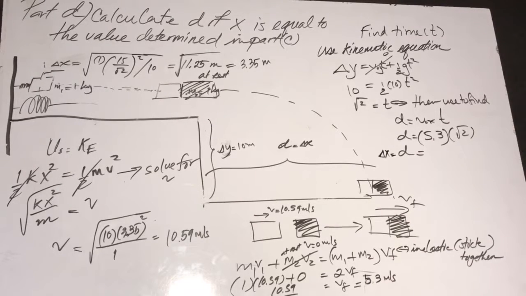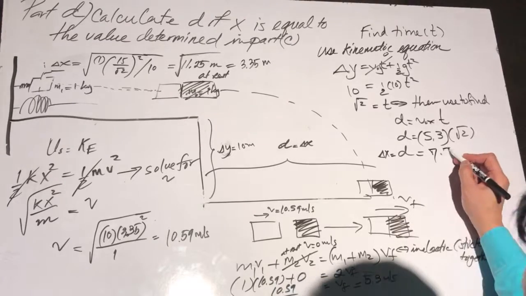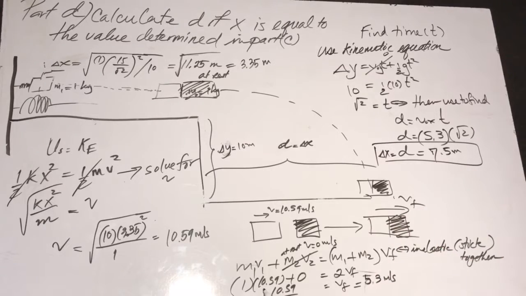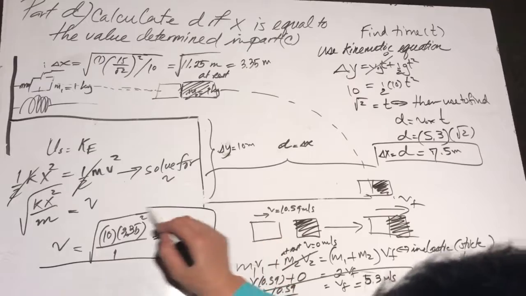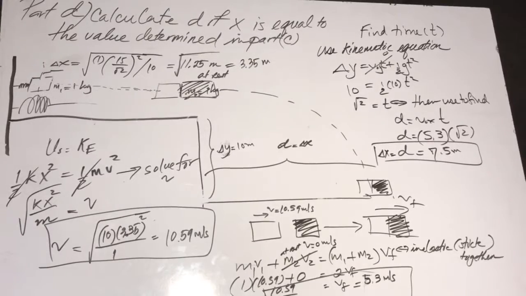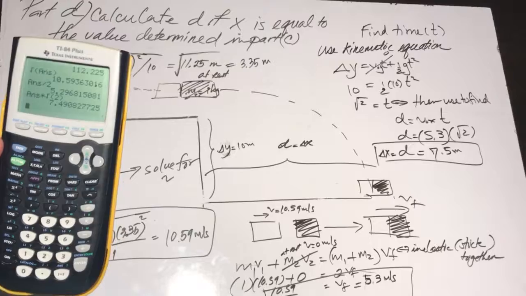It's equal to that times the square root of 2, and that should give me the answer of 7.5 meters. So this is your answer. You should have 3 more parts of the answer in order for you to figure out what this is.